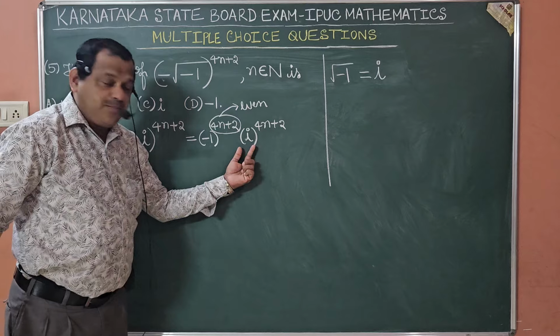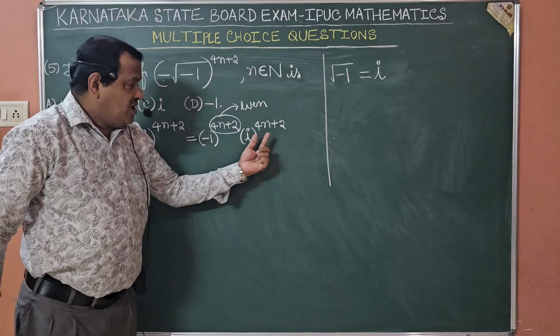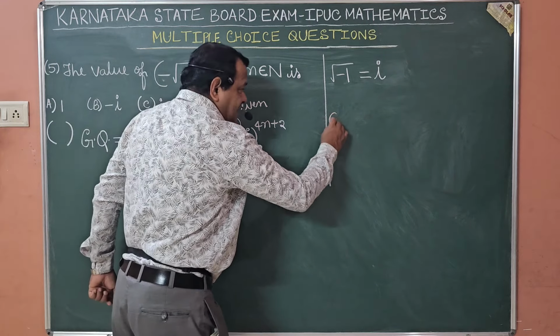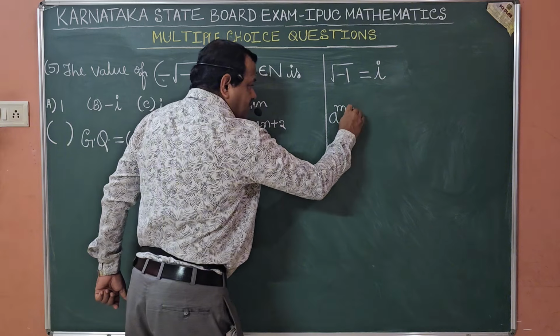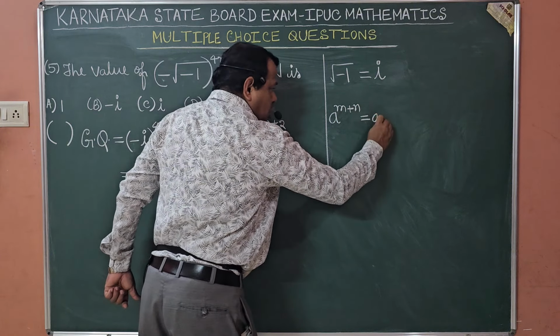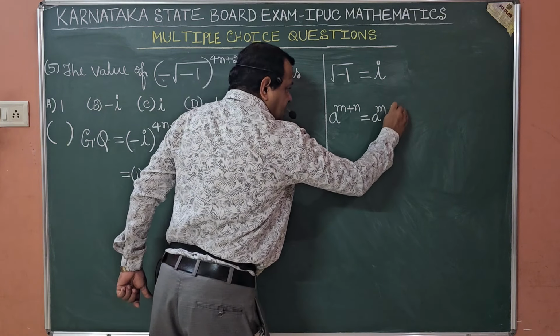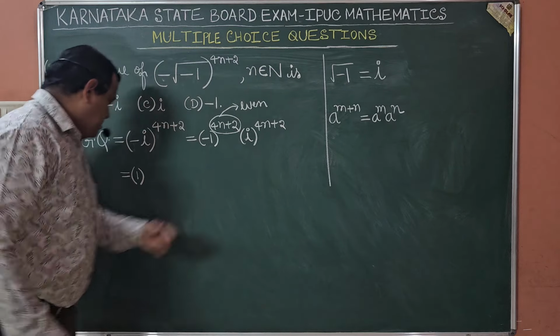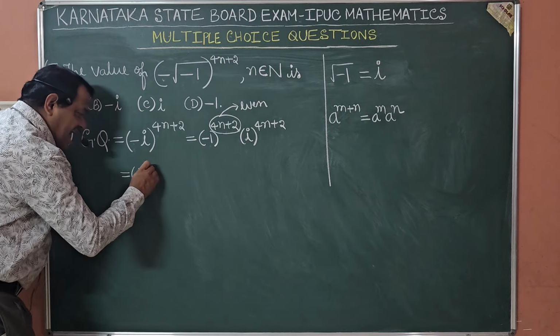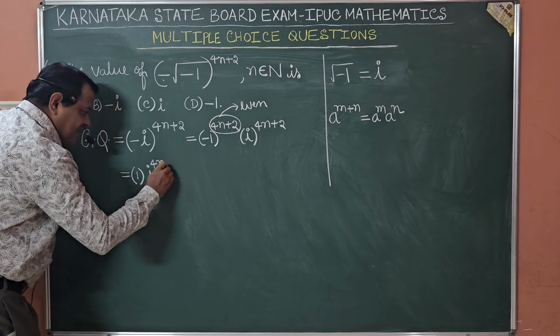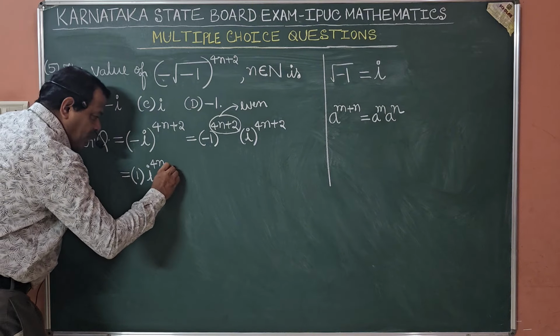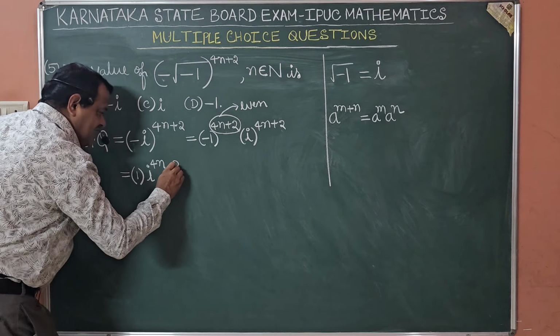Whereas i to the power 4n plus 2, using again the law of indices, a power m plus n is equal to a power m into a power n, can be split as i power 4n into i power 2, that is i square.